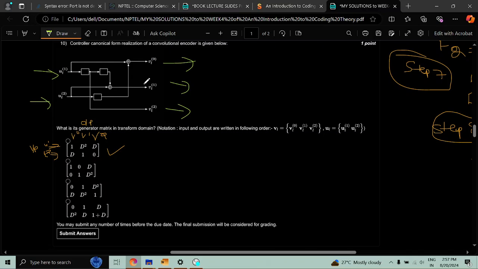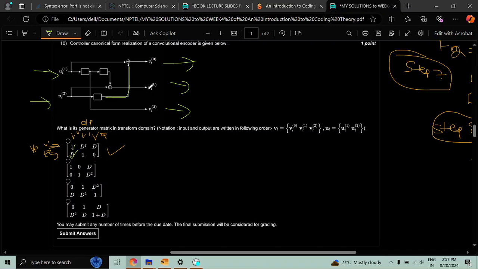The first output depends on input 1, and for the second row, the input is delayed. Here it is a delayed connection, shown with this.